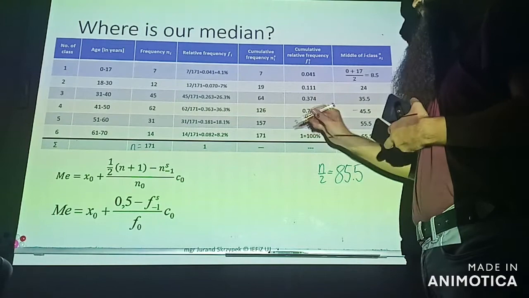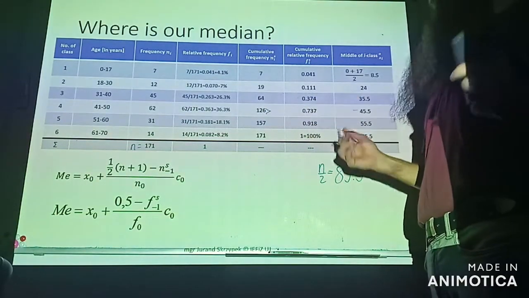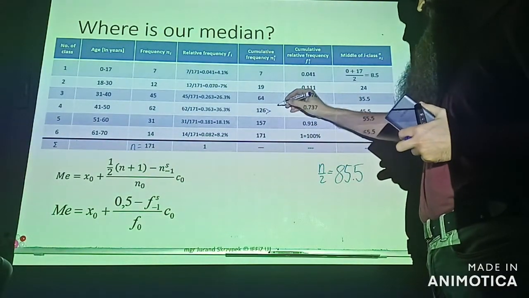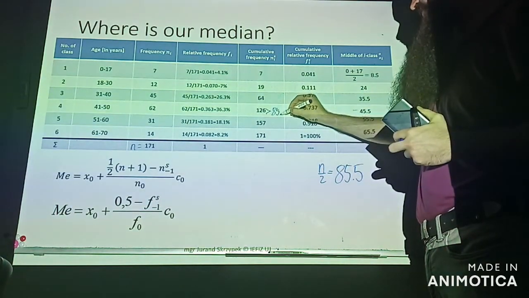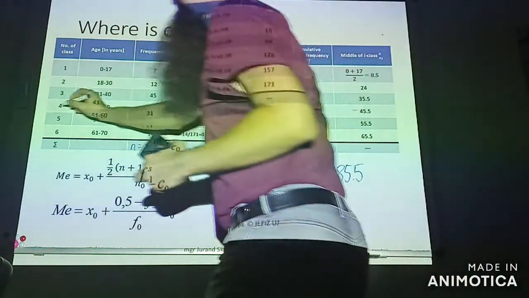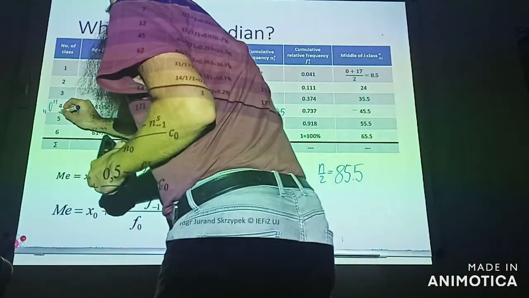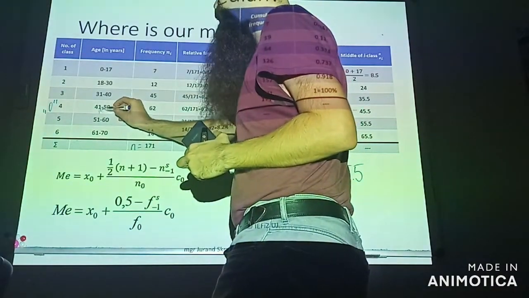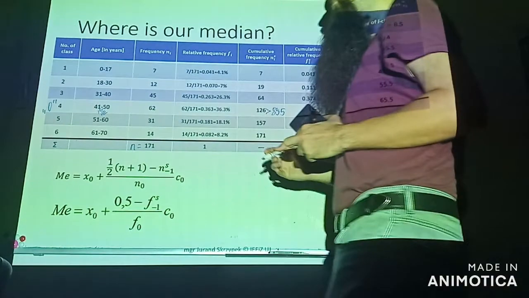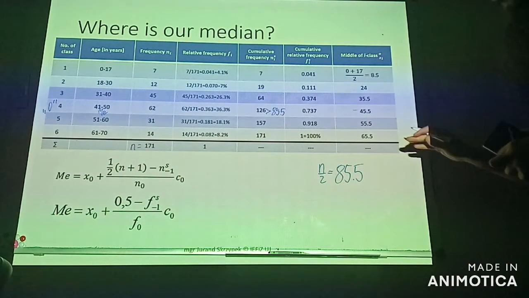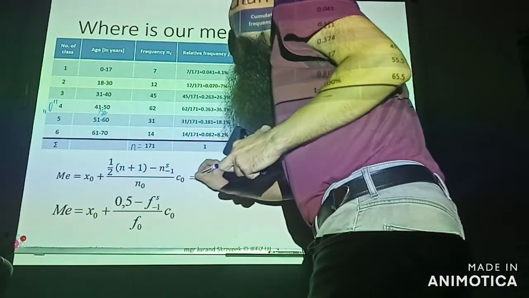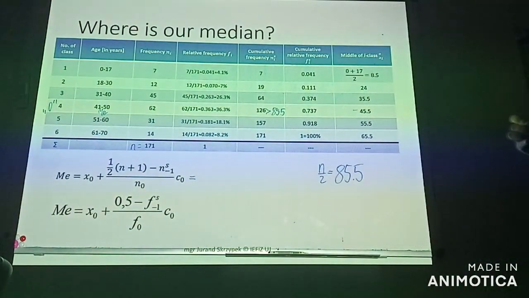Yes, this value is for the first time strongly greater than 85.5. So here we have the zero level in which we have the median. Median is somewhere between 41 and 50. On the basis of this information, we are able to compute median here.